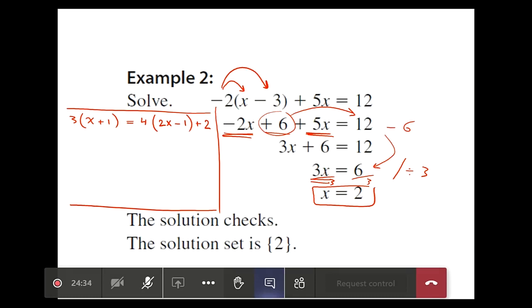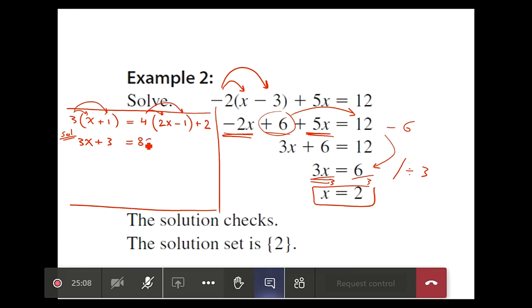Firstly, simplify: we need to remove the brackets. So we multiply 3 with x and 3 with 1. Some students just multiply 3 with x and forget to multiply 3 with 1 or the other terms. This is a big problem. Now we multiply 3 with x and 1, and 4 with 2x and negative 1.